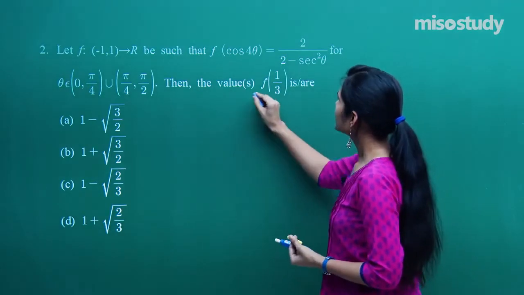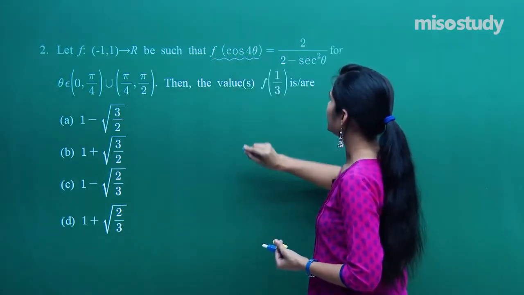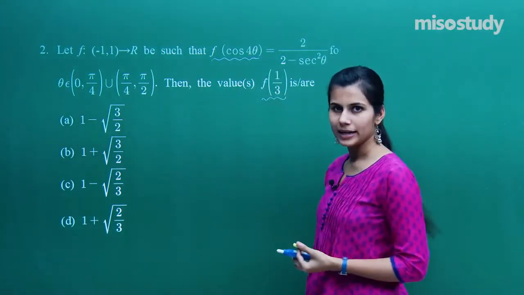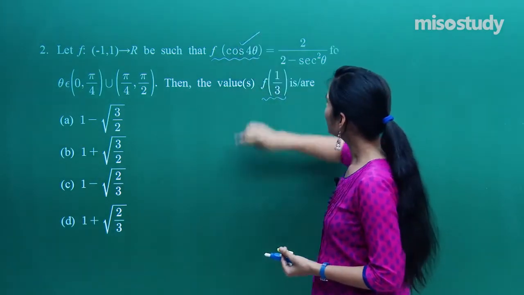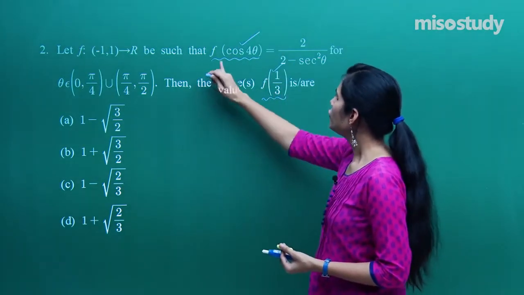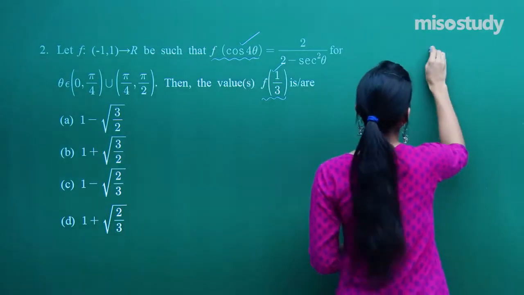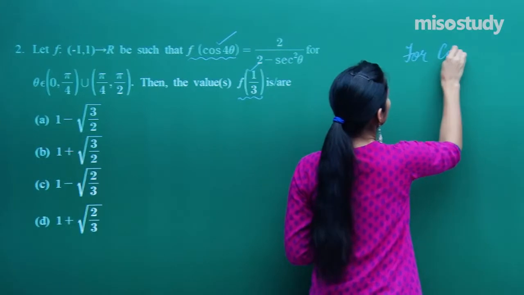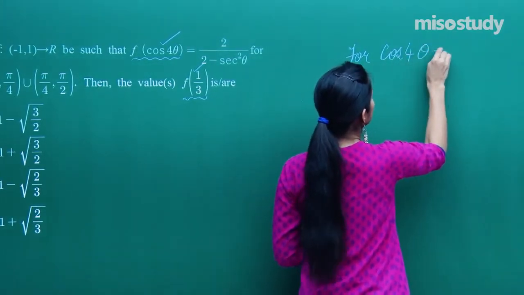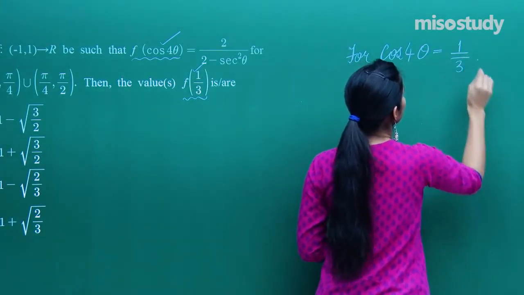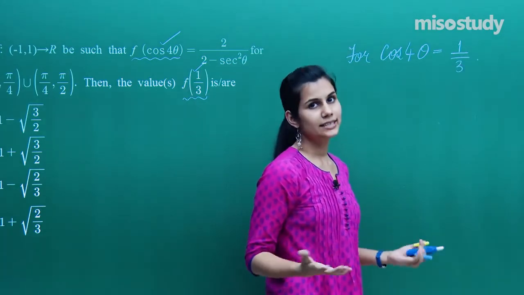Now see, it's given f of cos 4 theta, asked is f of 1 by 3. That means cos 4 theta has to be equal to 1 by 3 for f of cos 4 theta to be equal to f of 1 by 3. For cos 4 theta to be equal to 1 by 3, what is it that should happen?